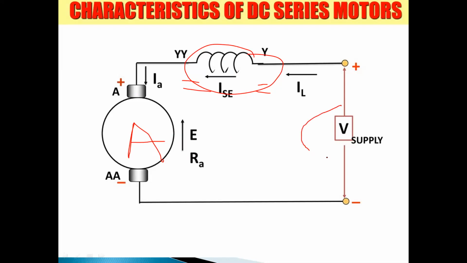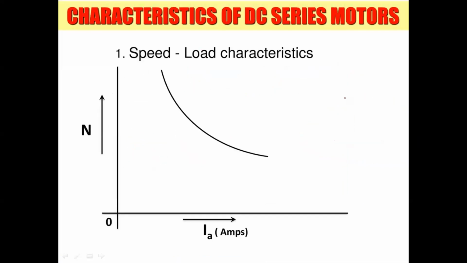We give a constant input voltage. For the series motor, we obtain the speed-current characteristics in a rectangular hyperbola in this manner. For minimum current, speed is maximum.